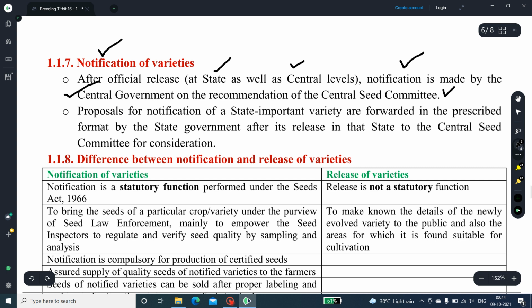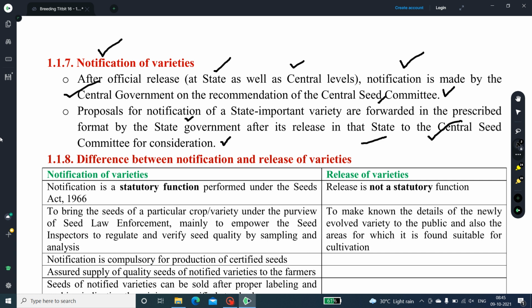Proposal for notification of state important varieties are forwarded in the prescribed proforma, the format by the particular state government after its release in that state to the Central Seed Committee for consideration. So whatever the State Seed Committee recommends, the subcommittee recommends the variety, that should be notified by the central government only through the Central Seed Committee.